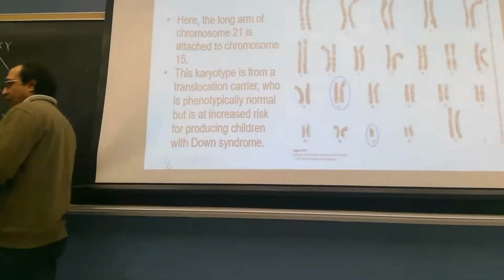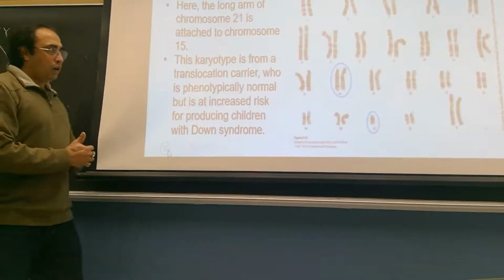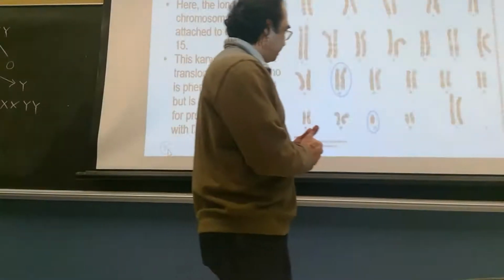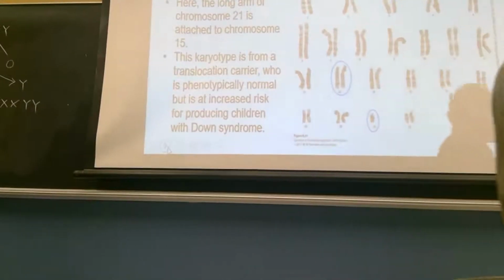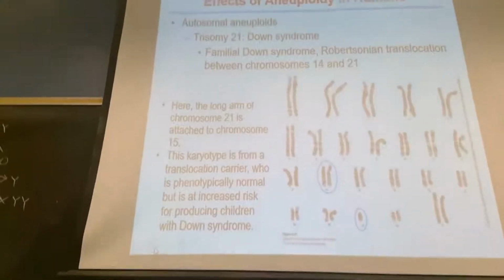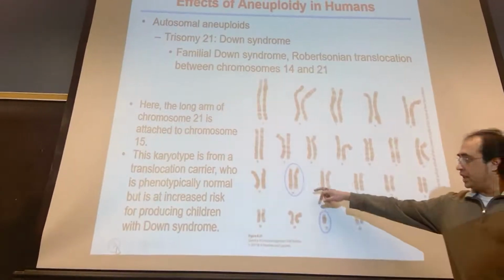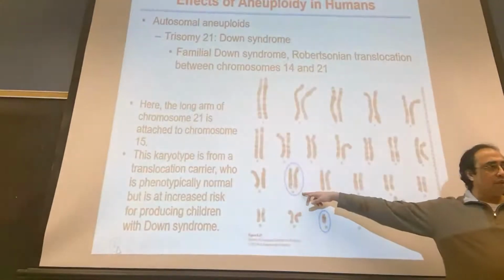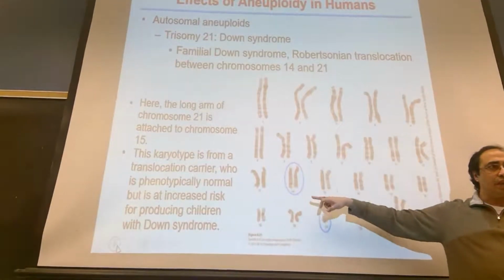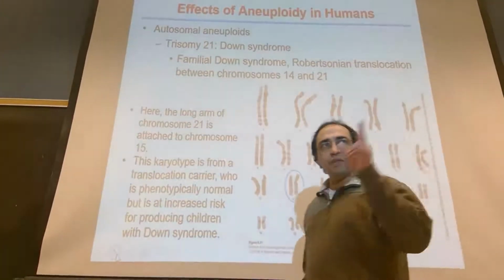So one is that, and the trisomy of 21, and you could remember another thing that we learned about, Robertsonian translocation. What is Robertsonian translocation? That is the part of this chromosome, chromosome number 14, one of these chromosomes is attached to this one, and they will form the trisomy of 21.